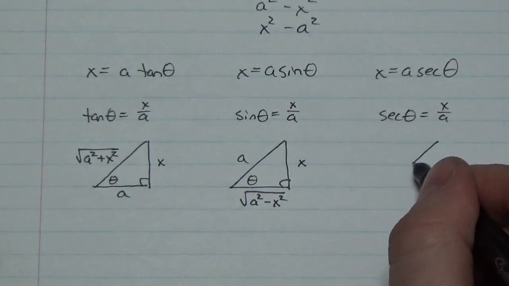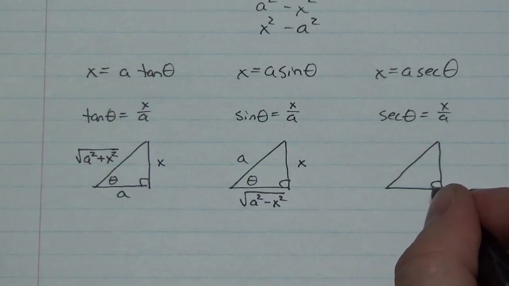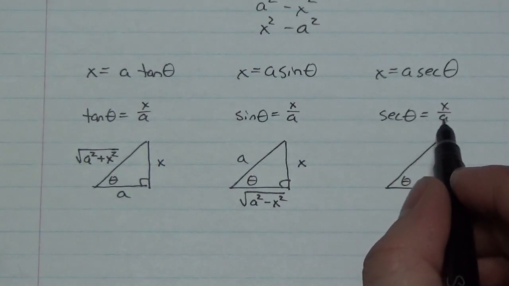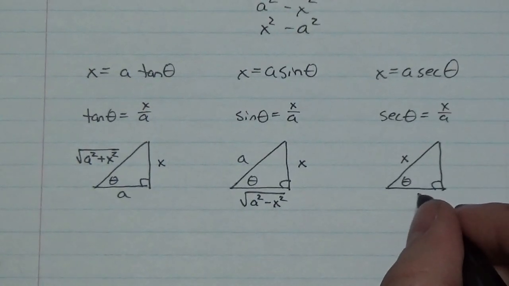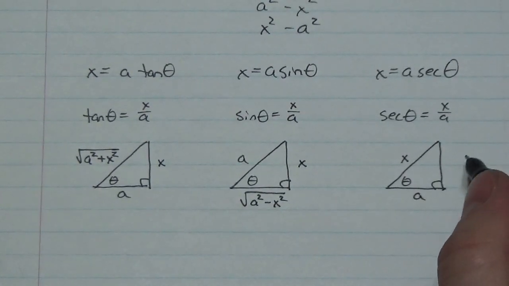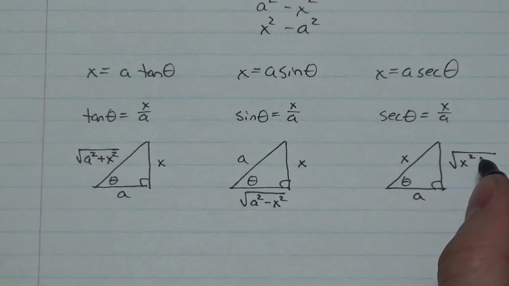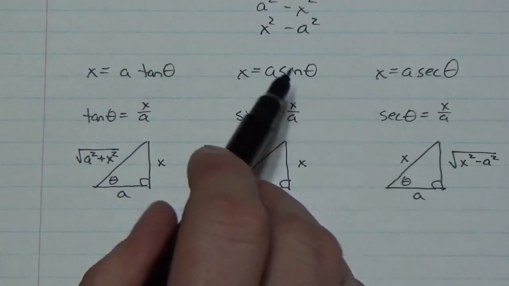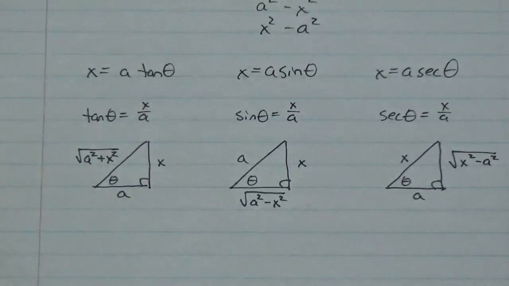And again, let's draw the triangle. Here's our right angle, here's our theta. If secant is x over a, that means the hypotenuse is x and the adjacent side is a. Then by using the Pythagorean theorem, I see that the opposite side is the square root of x squared minus a squared. And again, there's that binomial we had mentioned a little while ago.